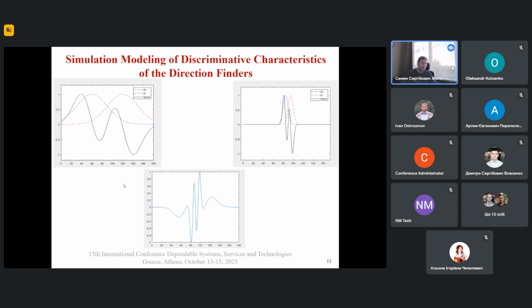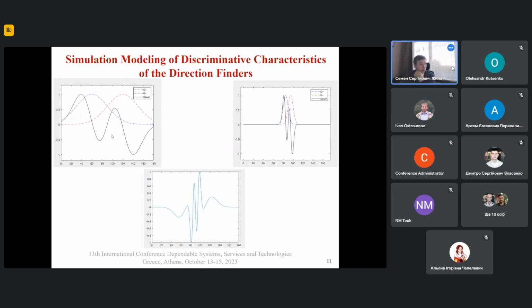And to understand the quality of this method, we will analyze the discrimination characteristic, the right part of the likelihood equation. And this is the case when we have only 2 antennas with wide antenna patterns.